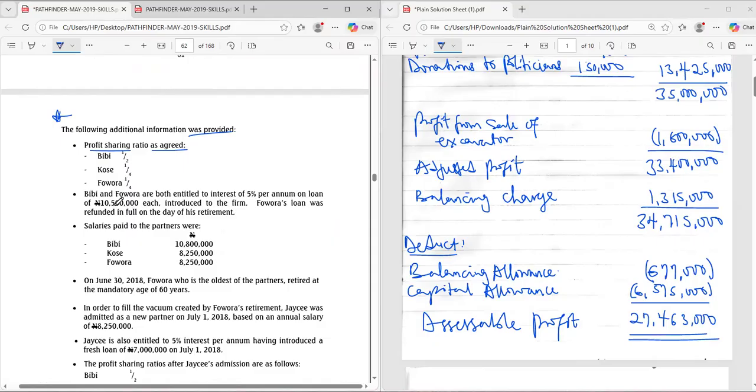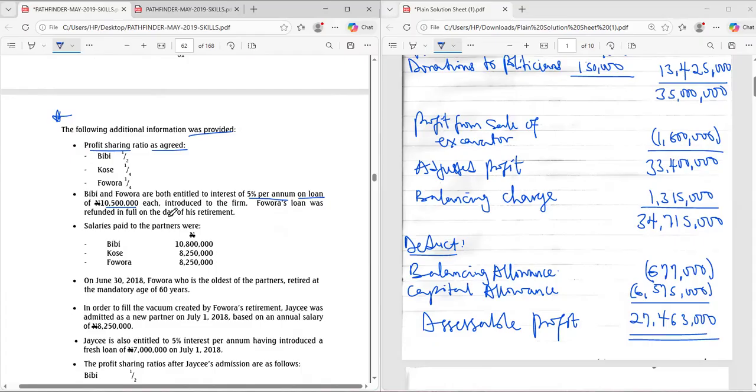And the next one says that BB and Powora are both entitled to interest of 5% per annum on loan of 10.5 million each. So two persons gave us loan, BB and Powora. Because they gave us loan, they are entitled to 5% interest on their loan. They gave us 10,500,000 each.